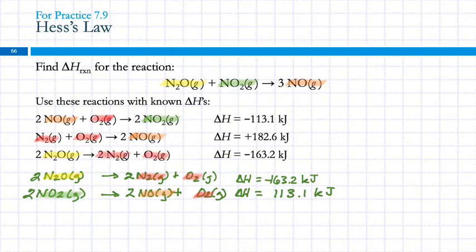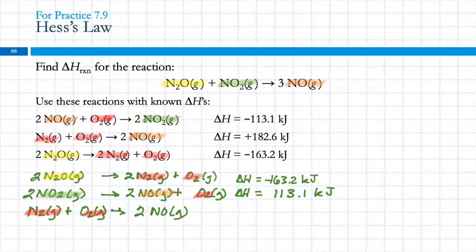There, now I've colored everything and nothing makes any sense. So I've got N2 and O2 on the product side and I want to get rid of them, so I want them on the reactant side. And that's going to make 2NO gas.